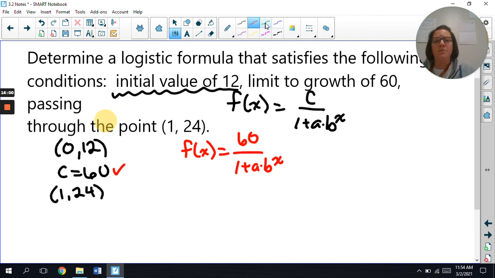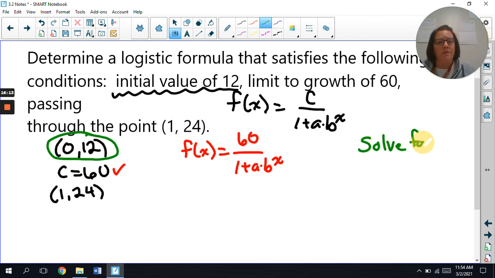Next step is we're going to use our initial value. Now remember, this is not your A value. You have to solve for A. So again, this is our x and our y, so I'm going to plug those in.